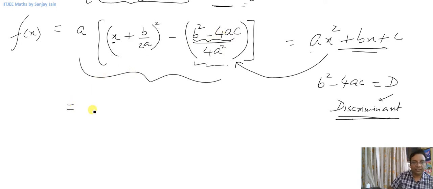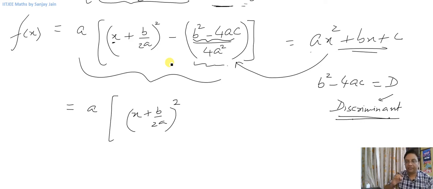And if you still rewrite it as x plus b by 2a, you need to pay your rapt attention here, because I am going to make some deductions that will make a lot of questions very easy for you to understand. This is not a useless article, this is a very useful article.